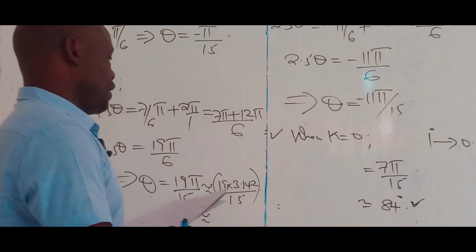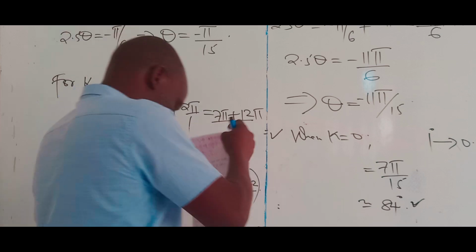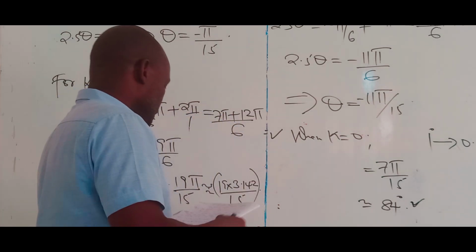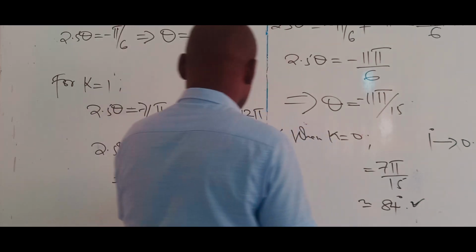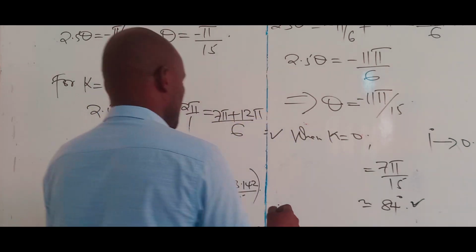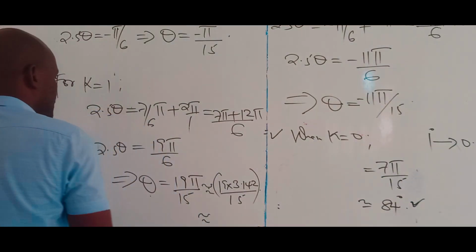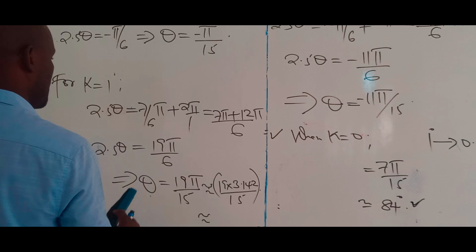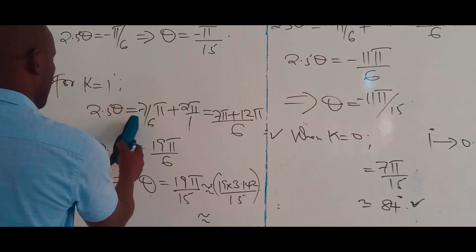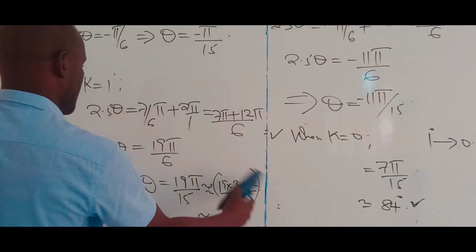Okay. The other value that conforms to what we wanted is when k is 1, and we had this equation where we have 19 over 15, and we get these radians.